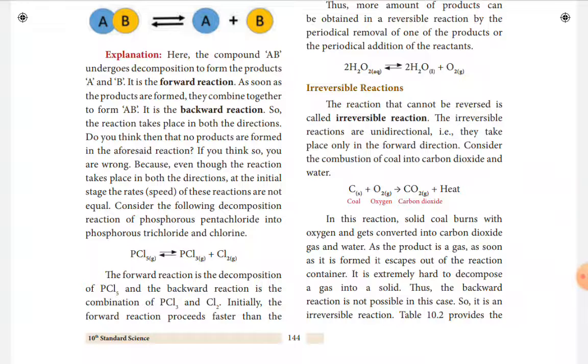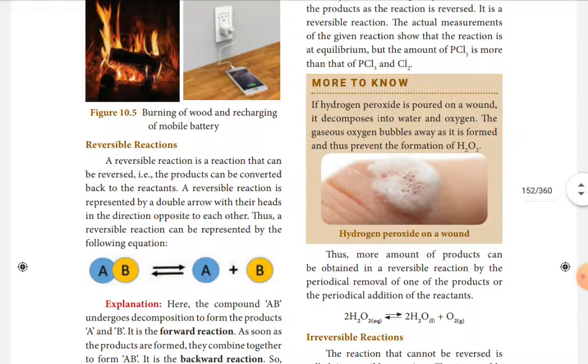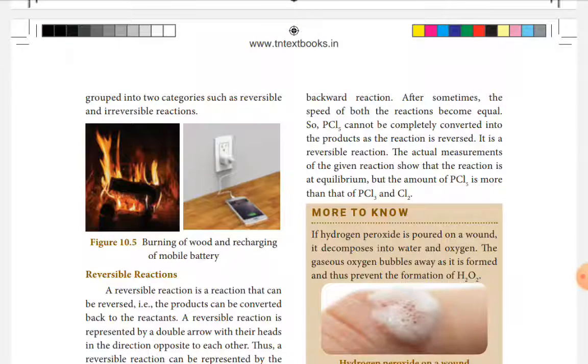In the beginning, the decomposition reaction proceeds faster, so phosphorus pentachloride decomposes at a faster rate to give phosphorus trichloride and chlorine.